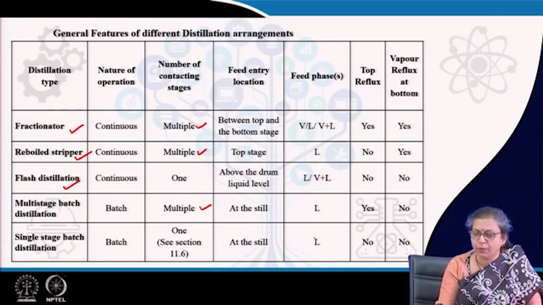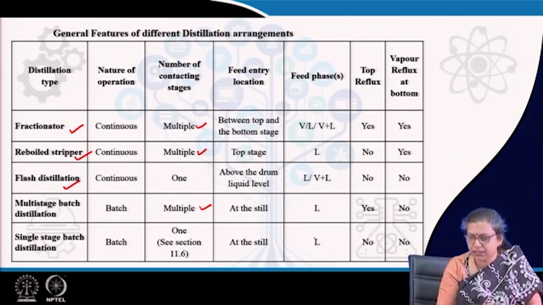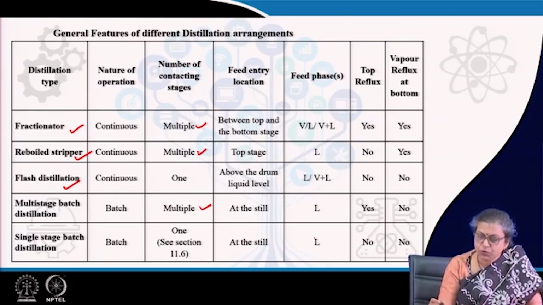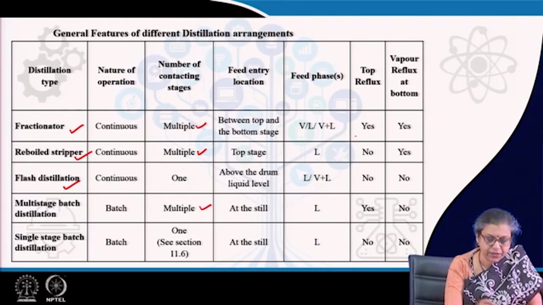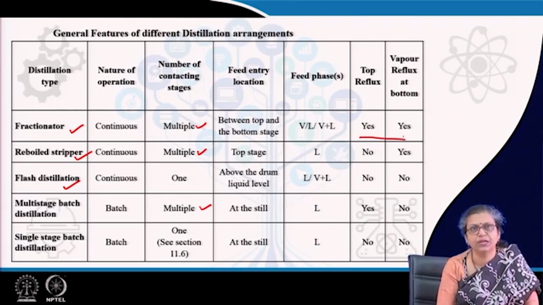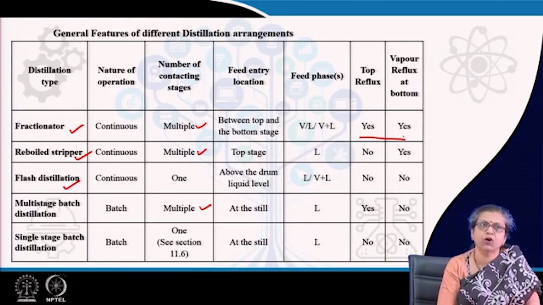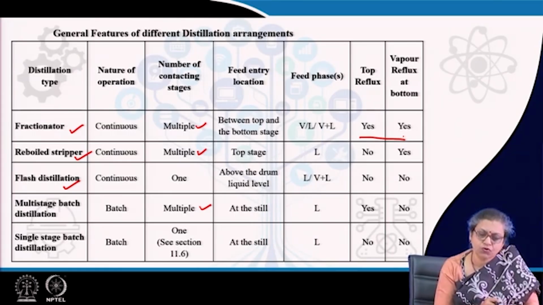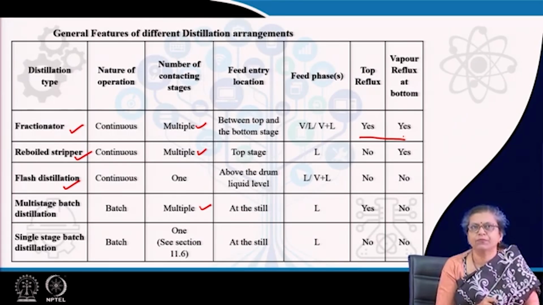We require a top reflux whenever we want an enrichment, and a vapor reflux for additional enrichment. Both these types of reflux are there only in a fractionator, and naturally in a fractionator we get the maximum amount of separation, and therefore a fractionator is the most commonly used distillation column in industries.